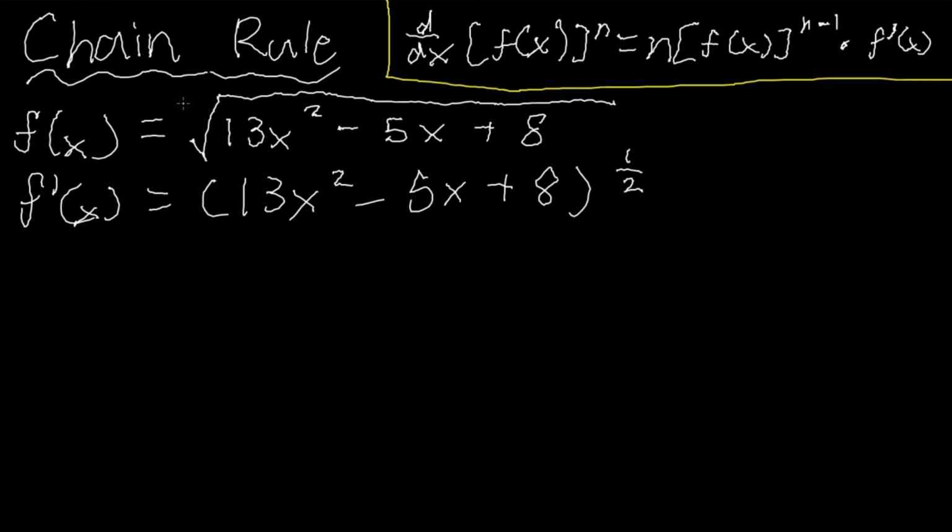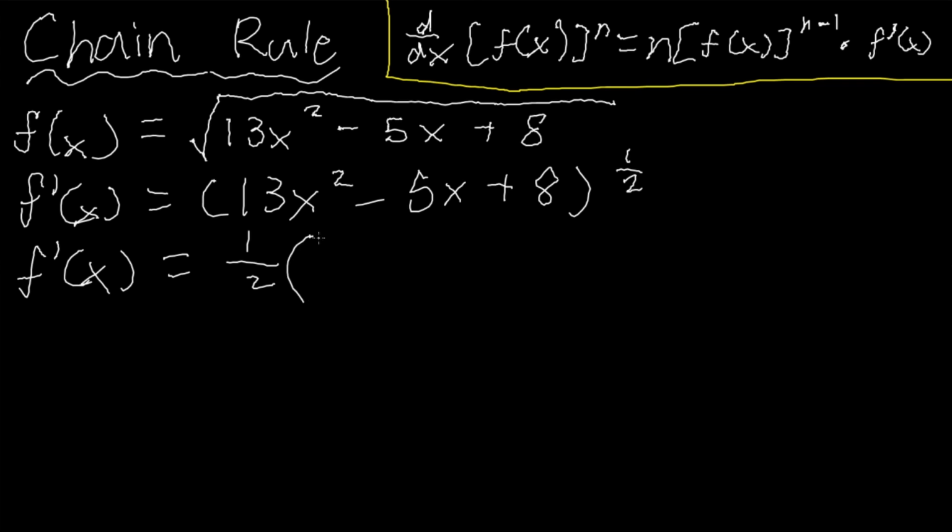And it's the same thing if this is a third root, it would be 1 over 3. So just don't get that messed up. It's pretty simple. We already know that a square root equals the power of 1 over 2.